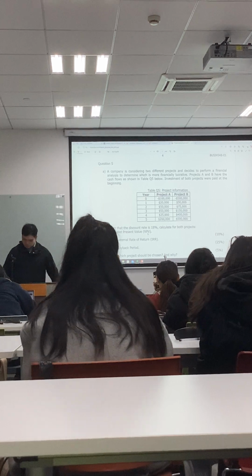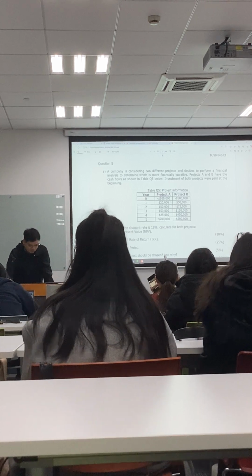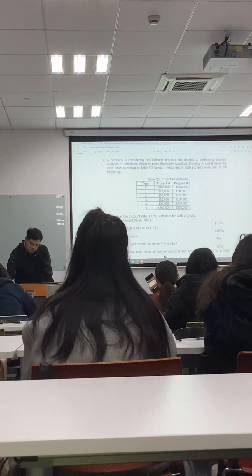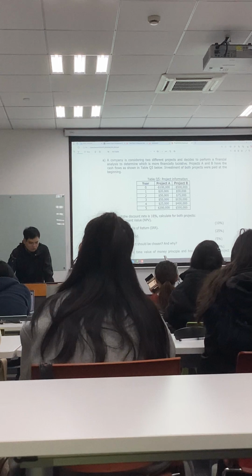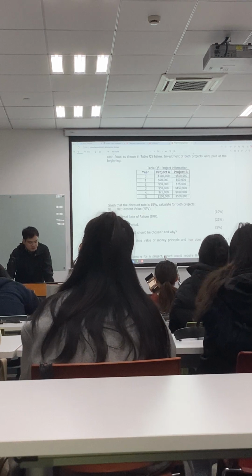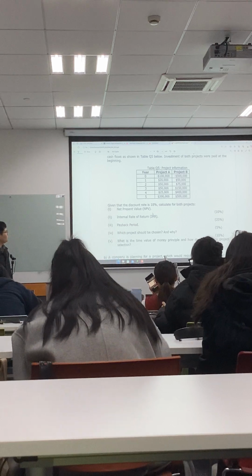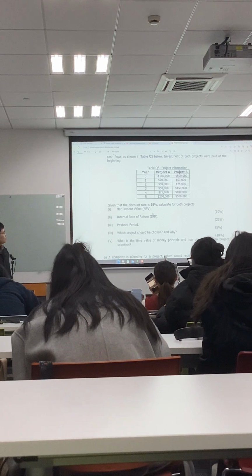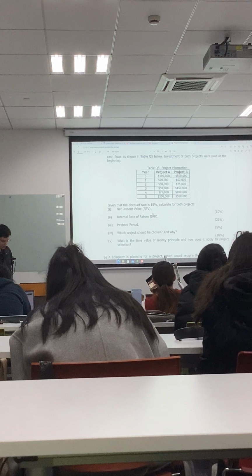So there are two projects, and their cash flows and investments are listed. The question gives you a discount rate of 80%, and you need to calculate the NPV, the net present value, the internal rate of return, and the payback period.